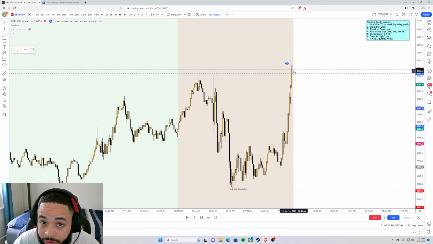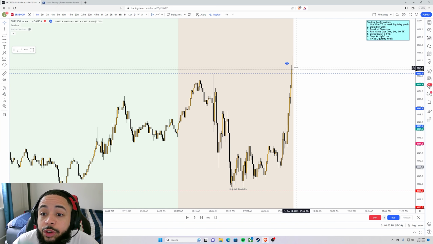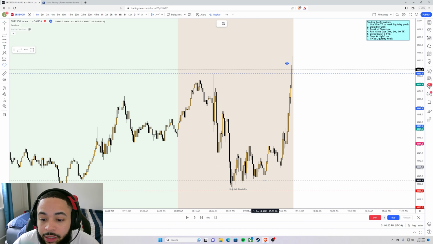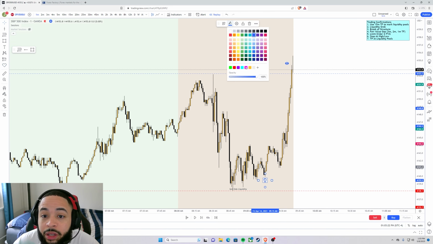Once liquidity gets taken, you want to find the last point of structure that was formed before the liquidity grab. In this case, the last point of structure would be here, and I like to signal this with a light bulb.